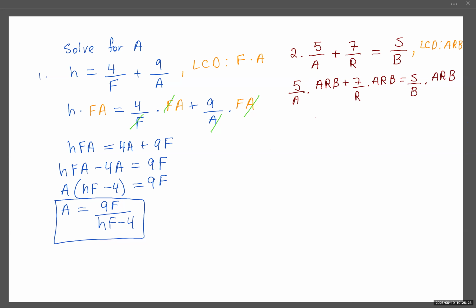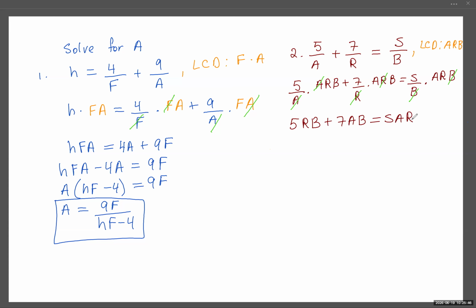Now reduce the letters that are on top and bottom. So A on the top, A on the bottom, R and R, B and B. Put everything together on the next line. 5RB plus 7AB equals SAR.